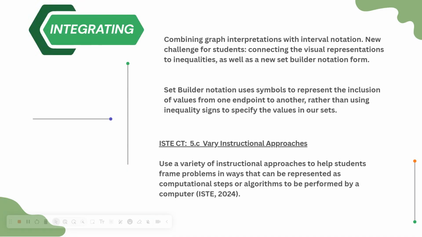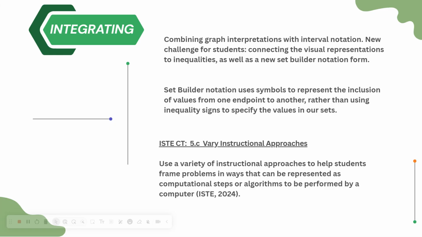The second part is we're going to integrate interval notation, which I just alluded to on the previous page. This is a concept they don't have any background knowledge on. It's going to be a new concept, so we'll really have to establish how this is done for our set builder notation. You're going to have symbols with parentheses and brackets that are going to be used.